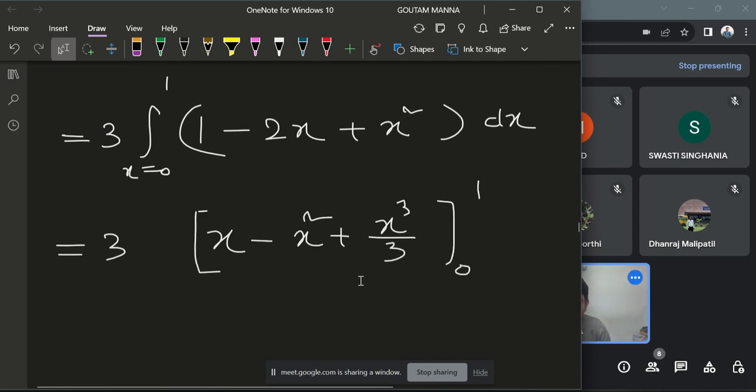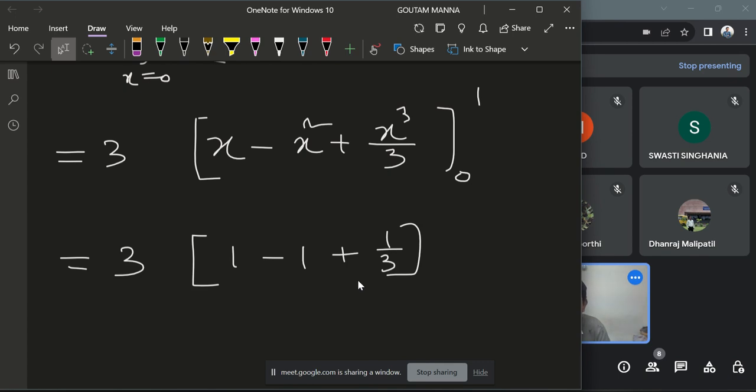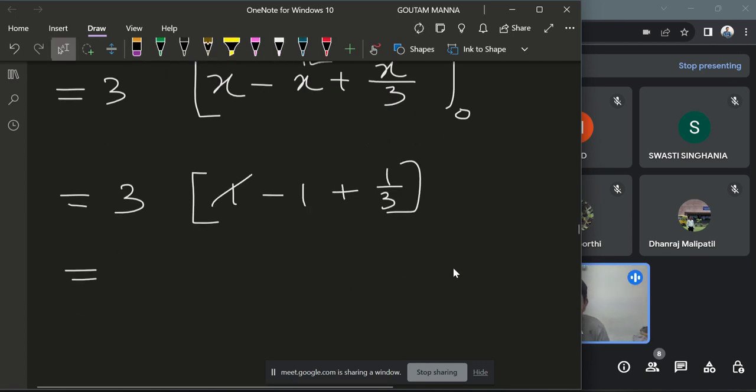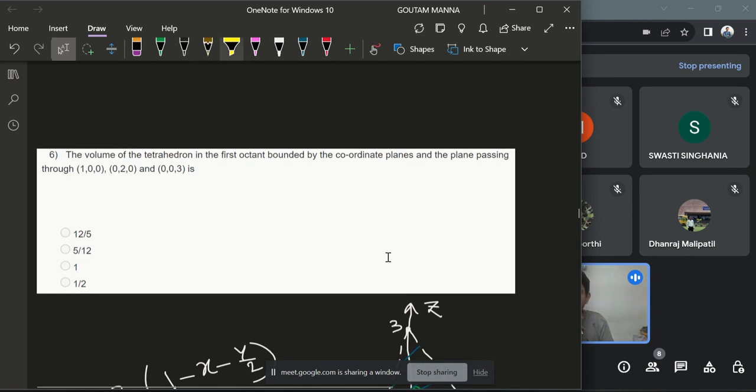It will be 3 times 1 minus 1 plus 1 by 3, so it will be 1 by 3 times, so this 1 cancels, it will be 1 by 3 times 3, and that is 1. So the correct answer will be 1.